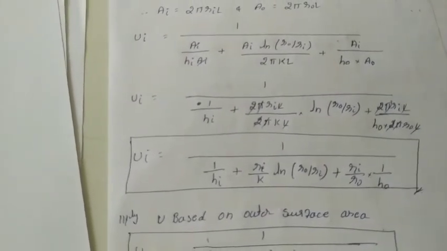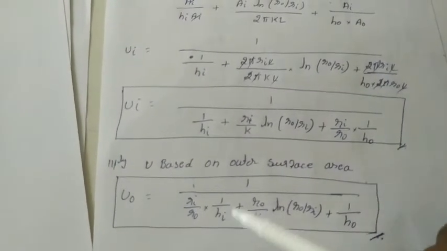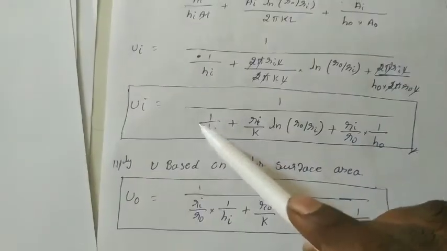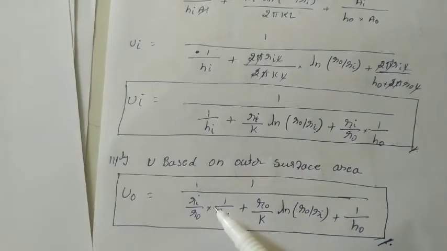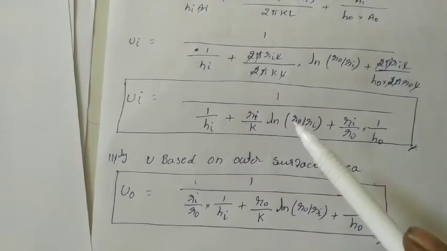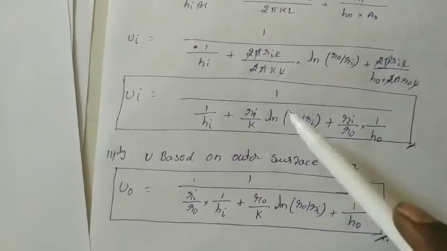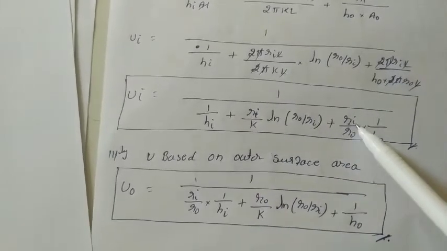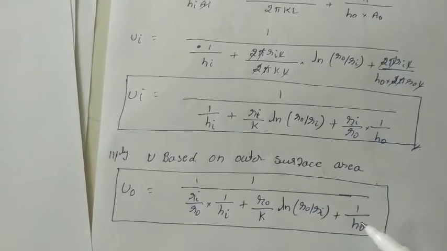Similarly, if U is based on the outer surface area, I'll directly write that equation. So that is 1 divided by R0 by Ri into 1 by Hi, plus R0 by K ln of R0 by Ri, plus now, as already told, this will be transferred to this side, so the remaining is 1 by H0.